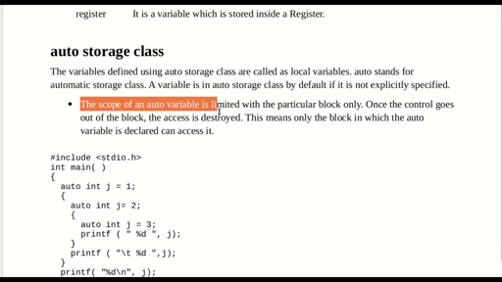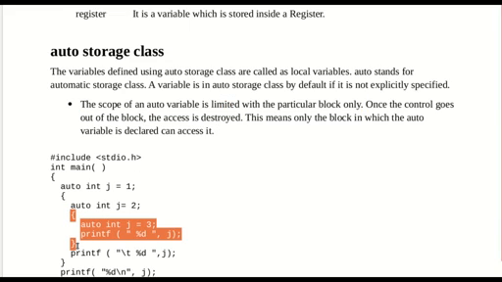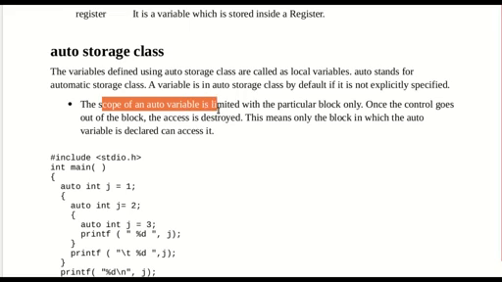the particular block only. Block means a group of statements that are written inside curly brackets like this. The group of statements written inside the curly brackets is called a block. So the scope of an auto variable is limited to the particular block only where it is defined.